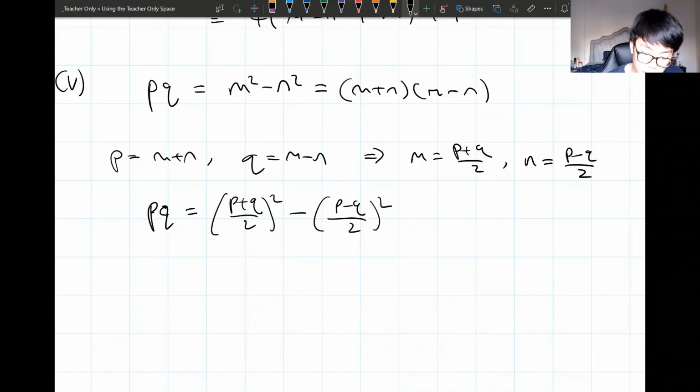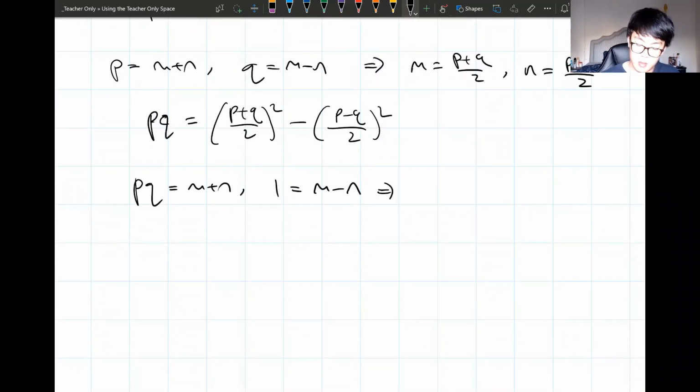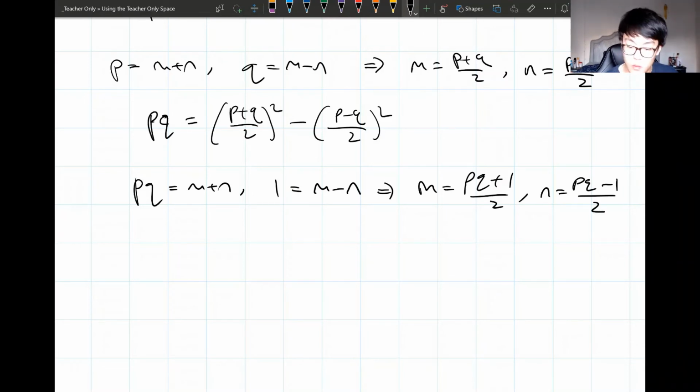So let's say pq is equal to m plus n, 1 is equal to m minus n. Solving these two simultaneous equations, we should get m is (pq plus 1) over 2, and n is (pq minus 1) over 2.